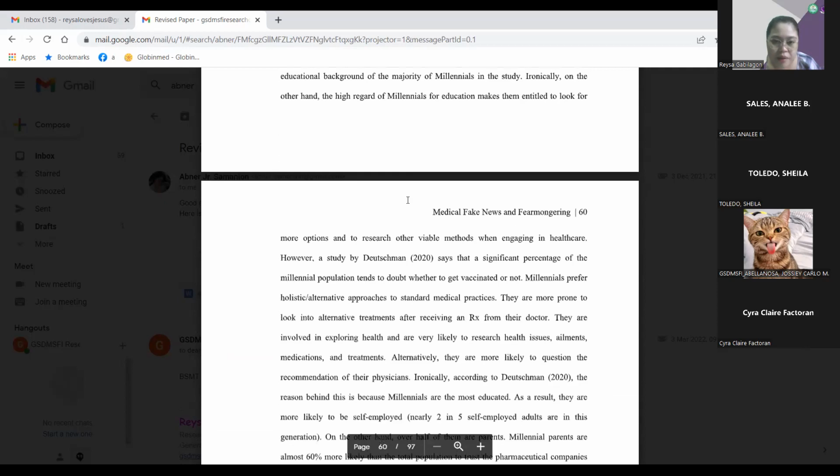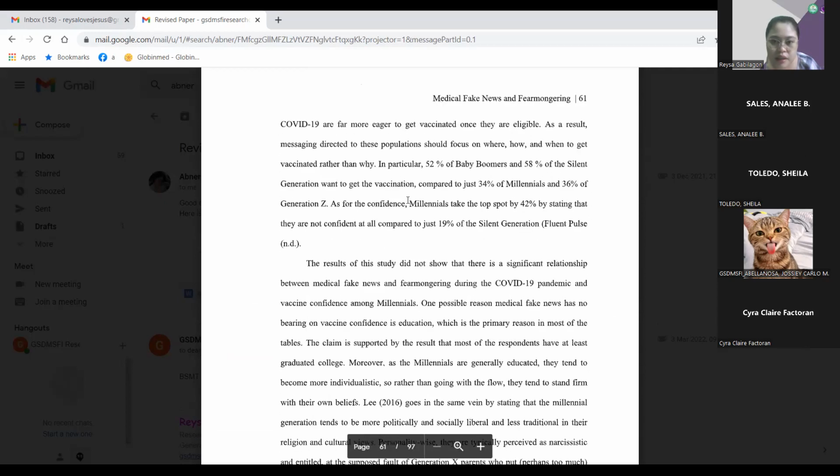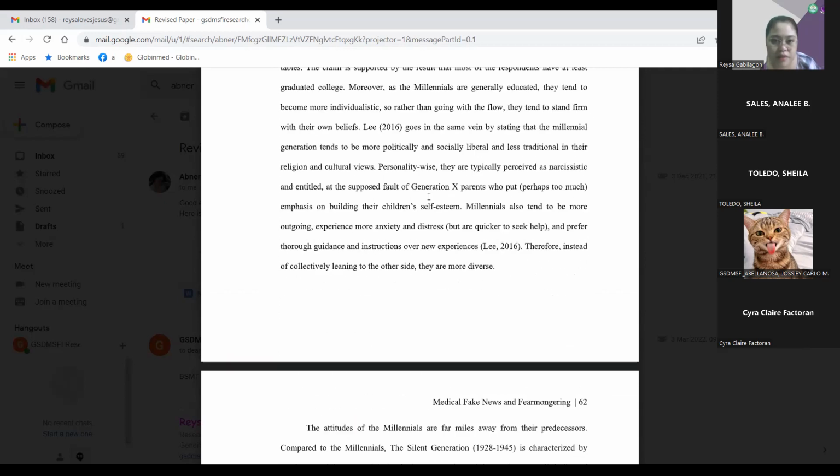And then, meron ata sila sa last part. Ito yung final nila na result, na the results of this study did not show that there is a significant relationship. So this is accepting their null hypothesis.